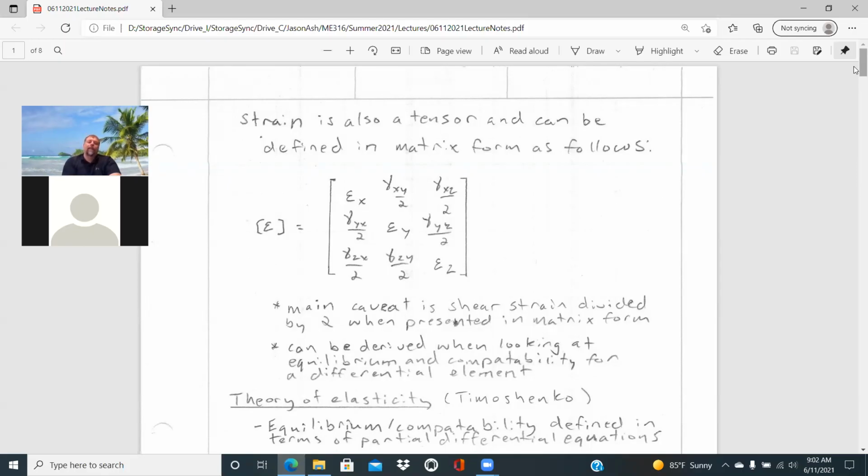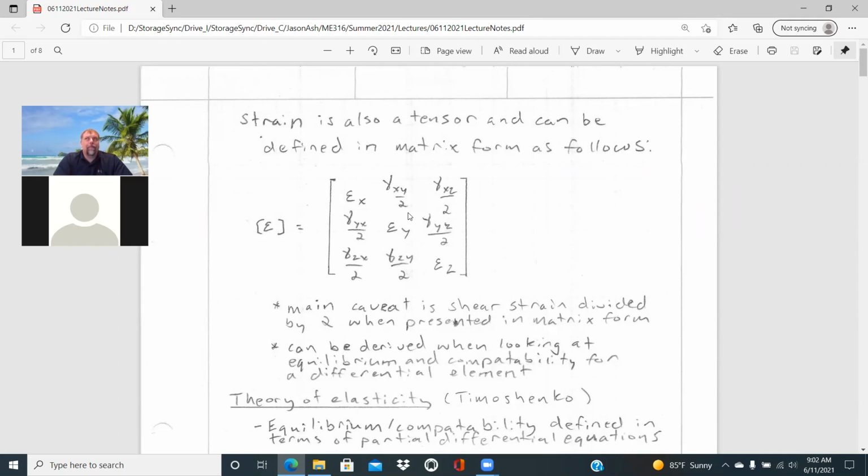The only thing that's slightly different with your strain matrix is that when you're looking at the constitutive relationships, you have your principal strains, epsilon x, y, and z across the diagonal. Instead of having your shear strains directly, for the other values, it's actually half of those values. So it's the shearing strain divided by 2 that will appear in those cells in the matrix.